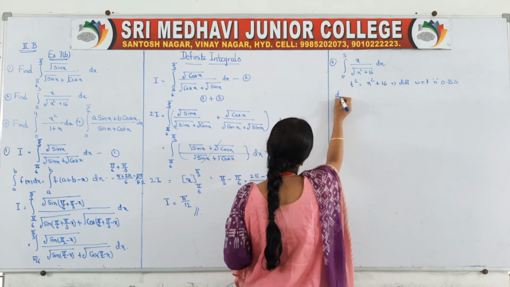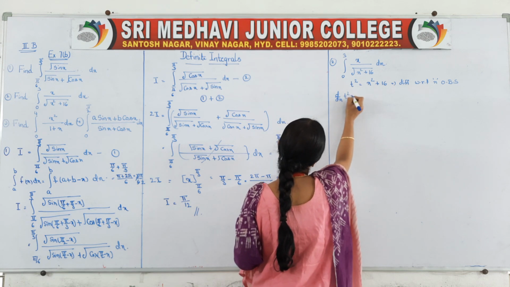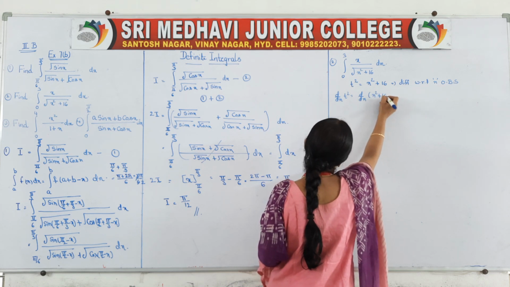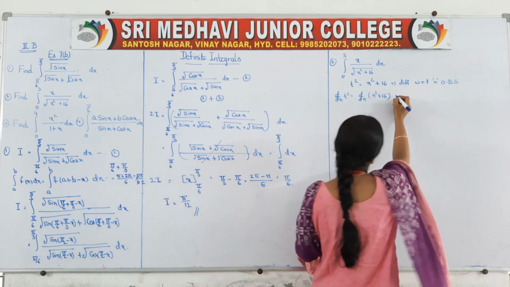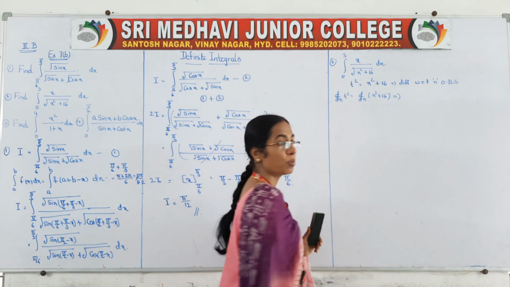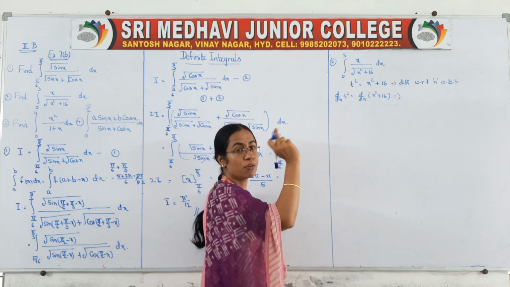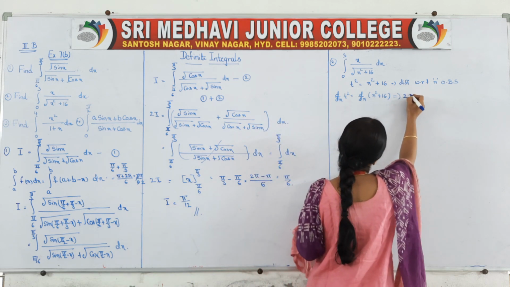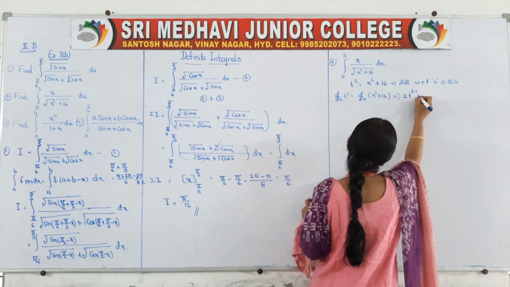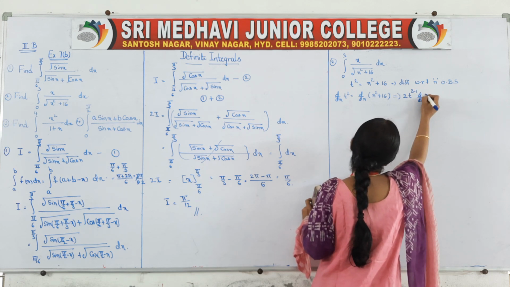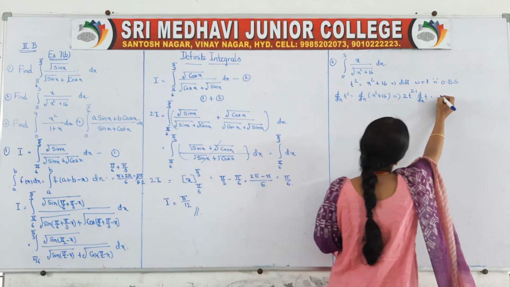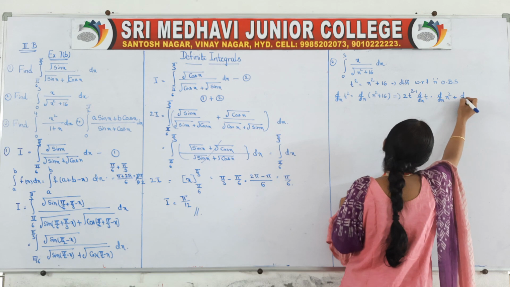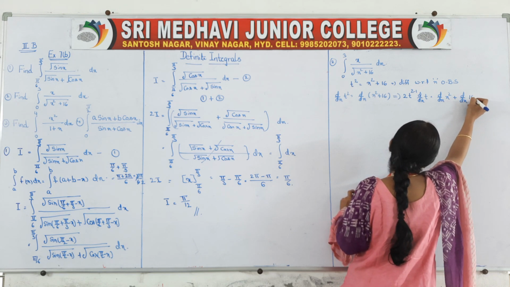So, d by dx of t square is equal to d by dx of x square plus 16. This is the x to the power of n form, n into x to the power of n minus 1 into d by dx of x. So, 2 into t to the power of 2 minus 1 into d by dx of t is equal to d by dx of x square plus d by dx of 16.